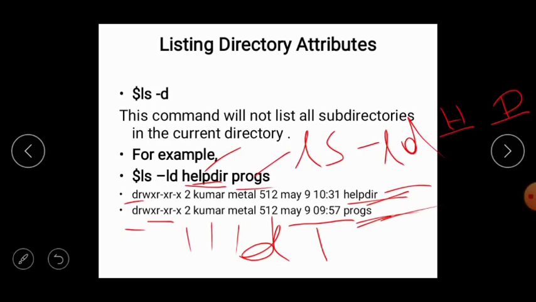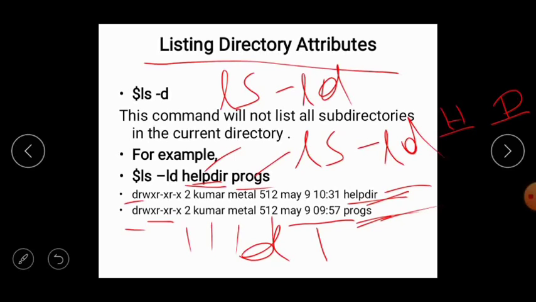Okay, this is how you are going to list the directory attributes, means you have to use ls space hyphen ld and you have to use the directory name like help, dir, procs. Okay, it's going to display the attributes of the directory.